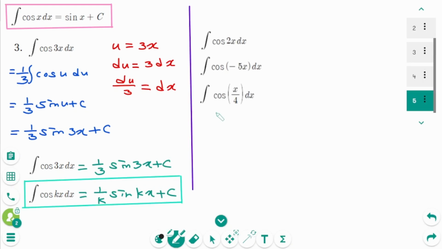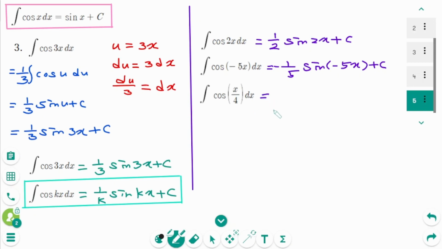Let's try to integrate a few more problems. Use the formula. The first one, k is 2, so 1 over 2 sine 2x plus c. The second one is 1 over minus 5, then sine minus 5x plus c.